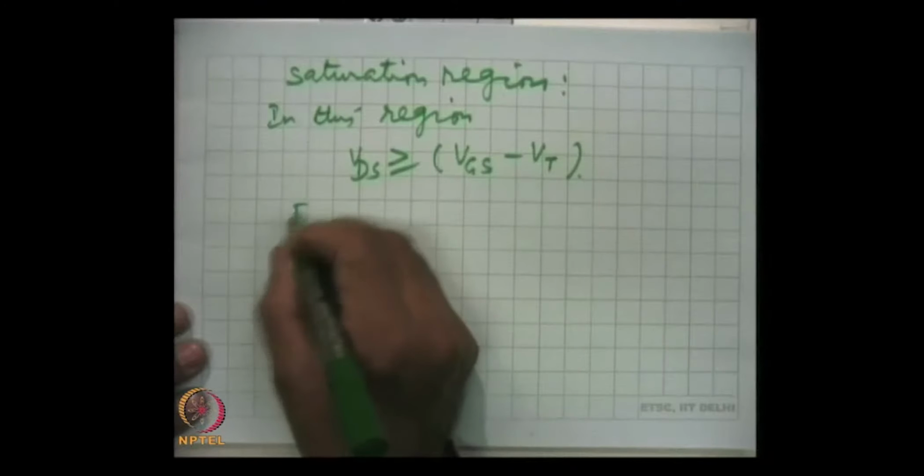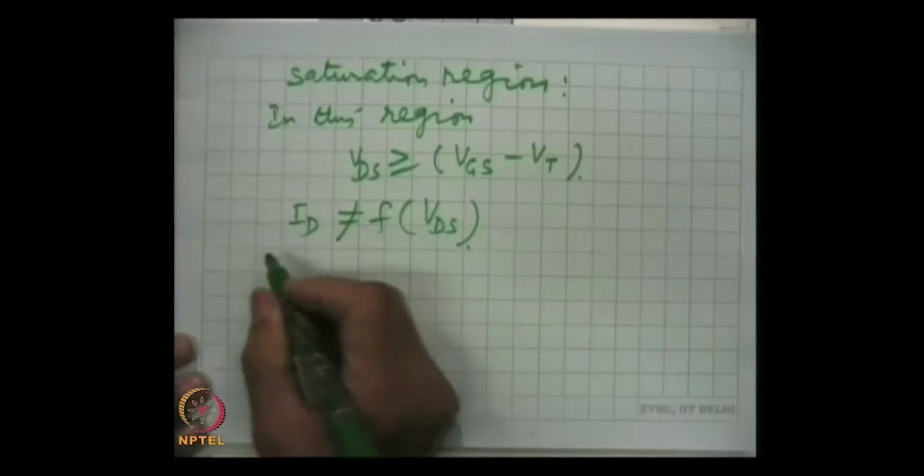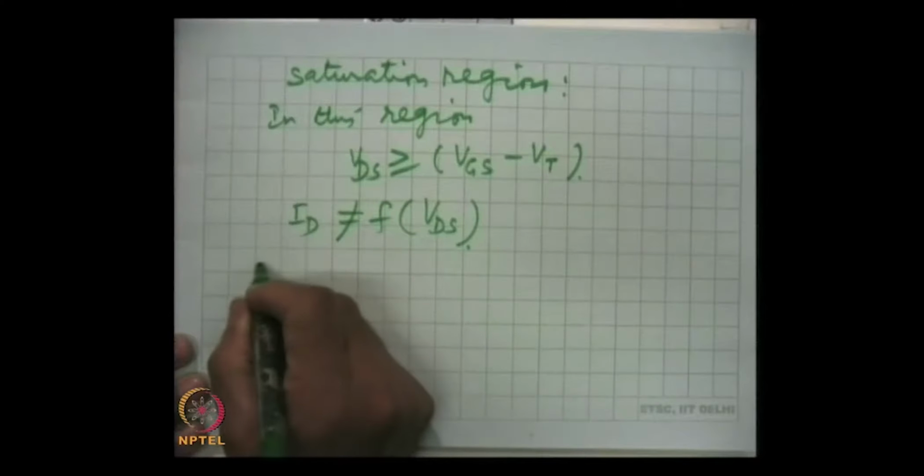Now, this equation we call equation 1, and in this we can substitute VDS by this quantity.